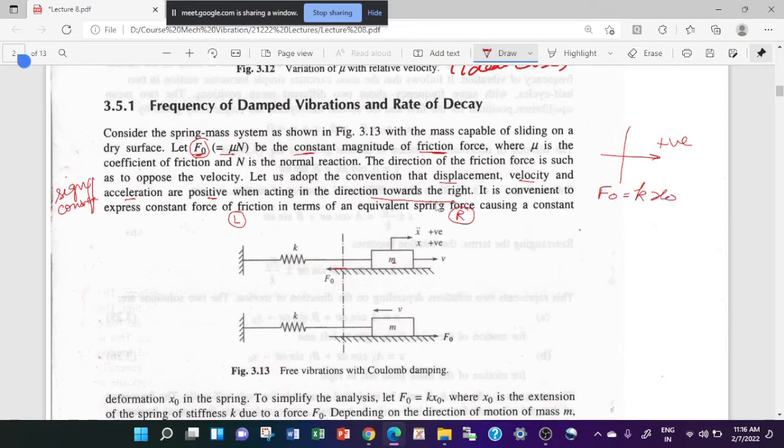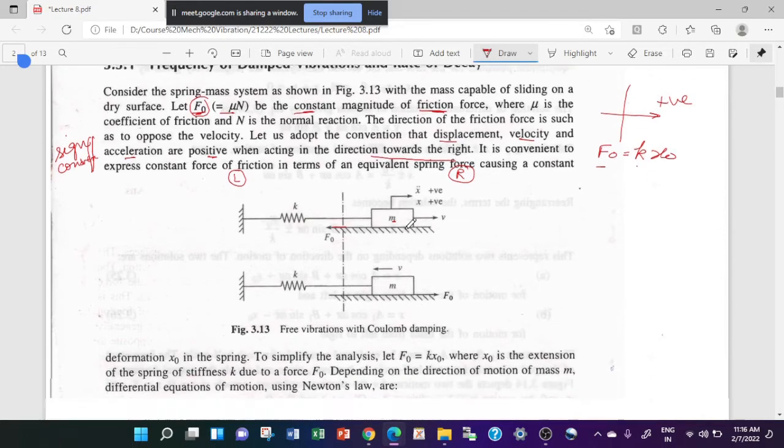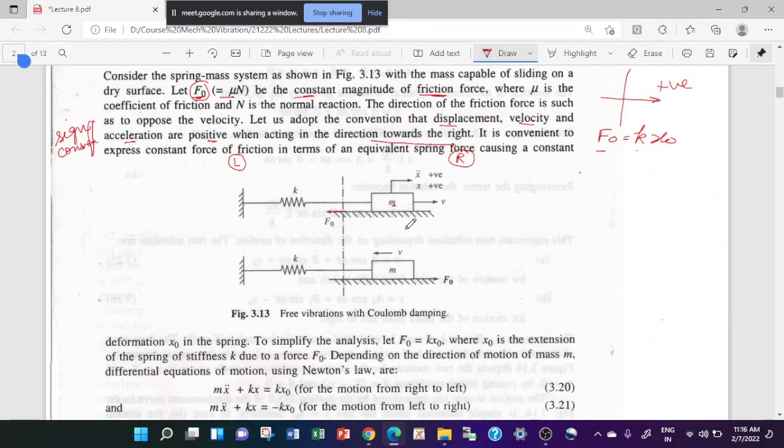So I can say that frictional force is equal to spring stiffness of this spring attached here into x naught distance. So here let us assume you can have two cases. Your mass can move from either left to right or right to left in a vibratory motion.